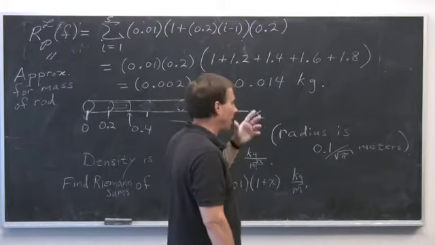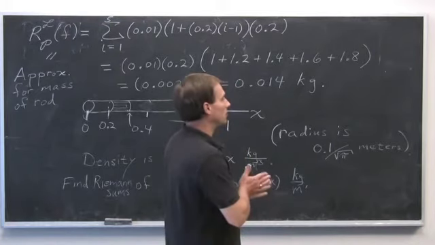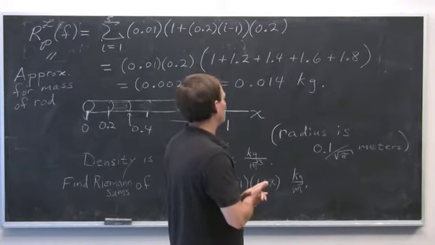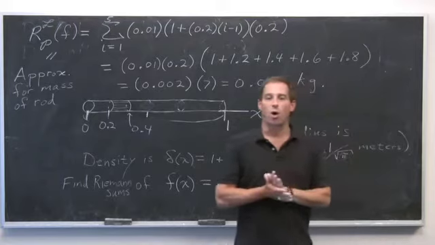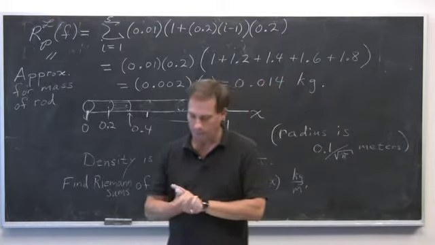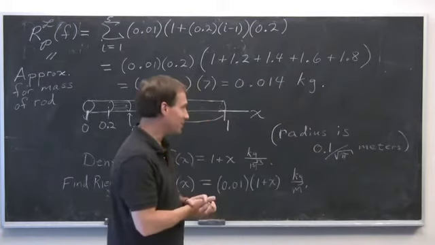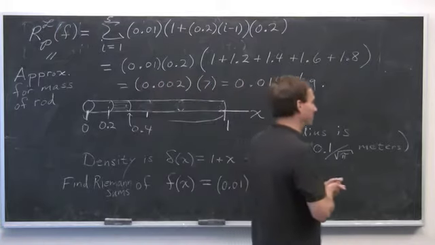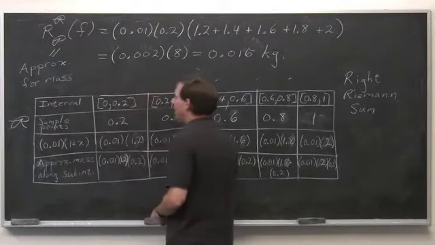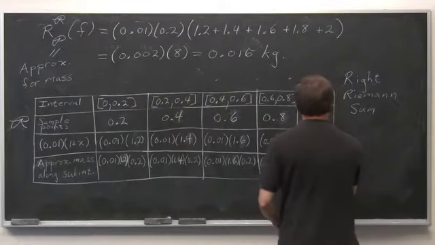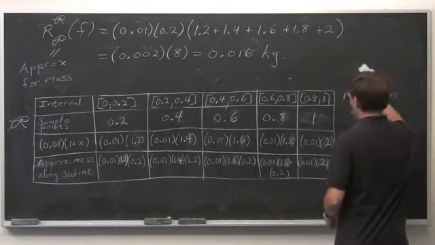You might think, well, maybe we should always use the middle point. Maybe if we use the midpoint, we'd get the right thing or something better. That is not always true. In this case, that's going to be true. It doesn't have to be true, but it could be. So there's the midpoint Riemann sum.